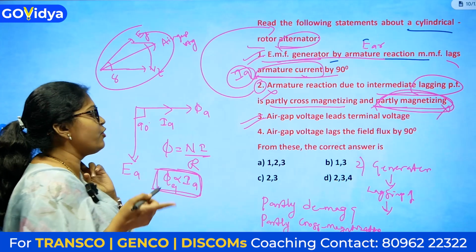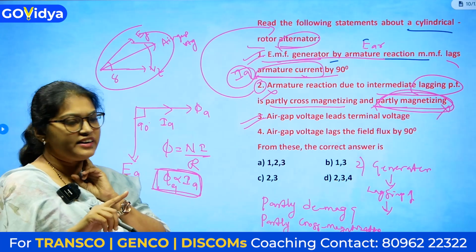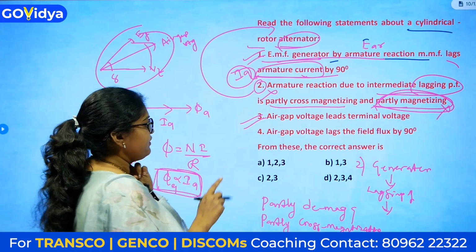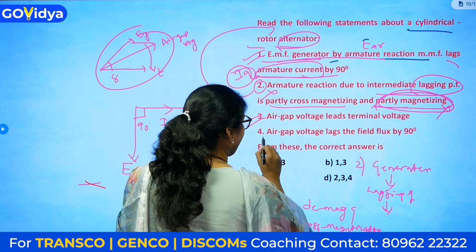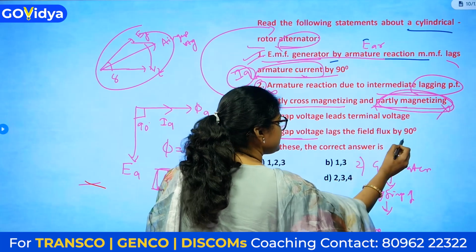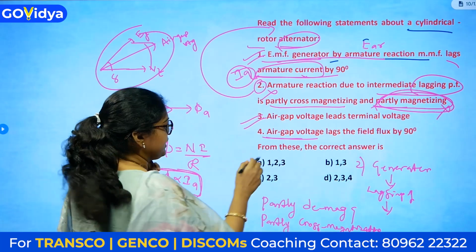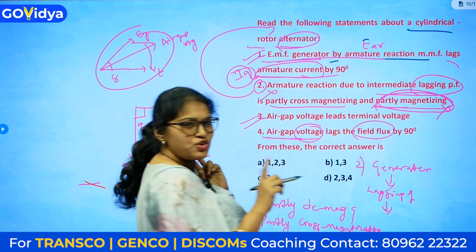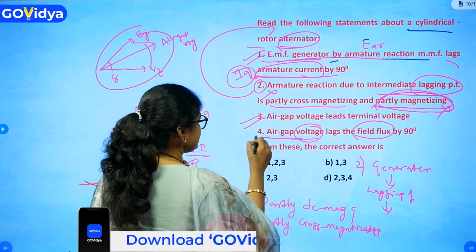Next, air gap voltage lags the field flux by 90 degrees. Is it correct? No. If in the question they had mentioned air gap voltage or air gap flux lags the field flux by 90, that is correct. But air gap voltage lags the field flux is not correct. So option 4 is wrong.